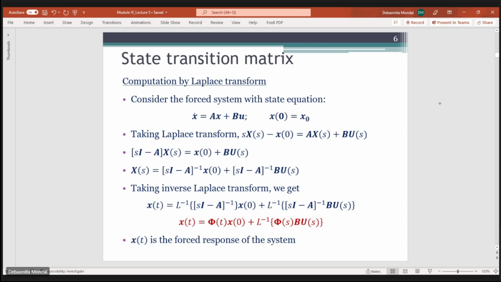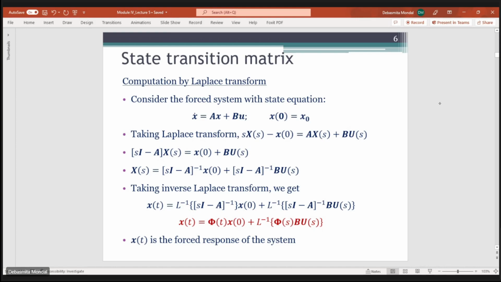Similarly, we take the Laplace transform of this equation, and you will have sX(s) minus x(0) equals AX(s) plus BU(s). Rearranging this equation, you will end up with (sI minus A) multiplied by X(s) equals x(0) plus BU(s).